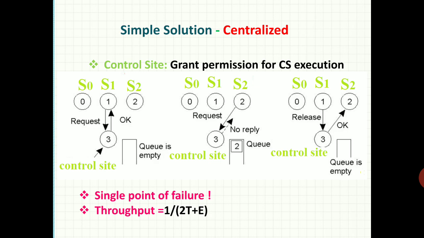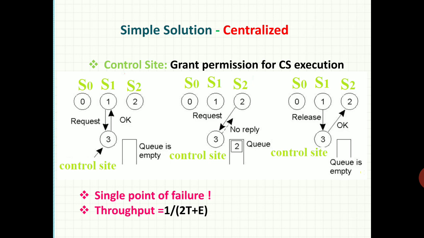At the same time, site S2 is requesting the control site for access to the critical section. So no reply will be sent to site S2, and the request is queued up in the queue along with the number of the site. Here you can see that the queue contains the request of site S2.